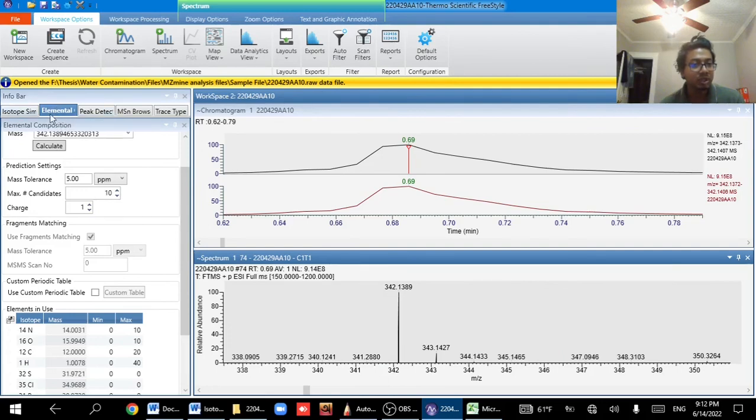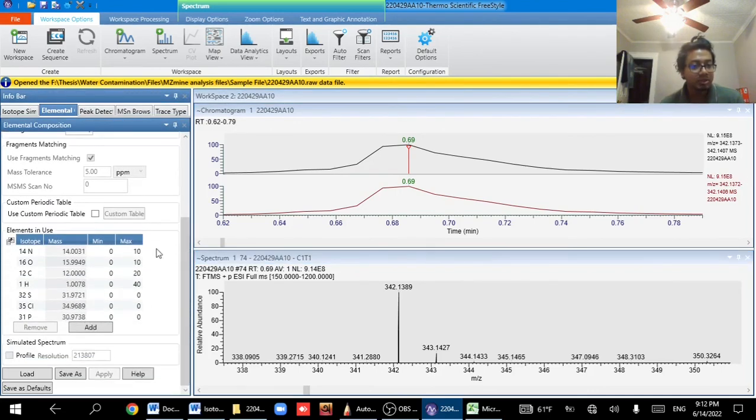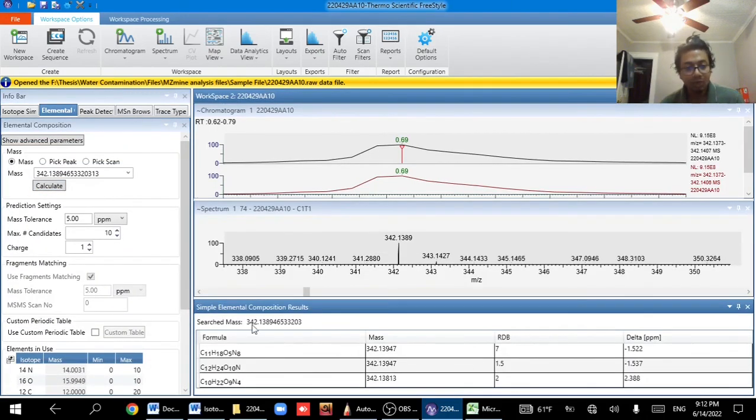Here you can see that option, and input that specific mass here, and input your best assumption here. These numbers can go up or down, and then you apply calculate here. You will find the formula here.